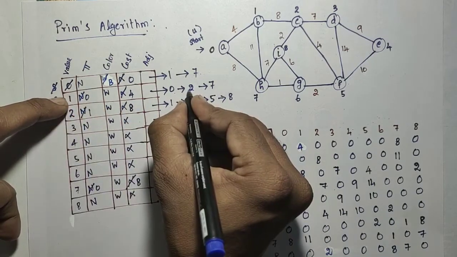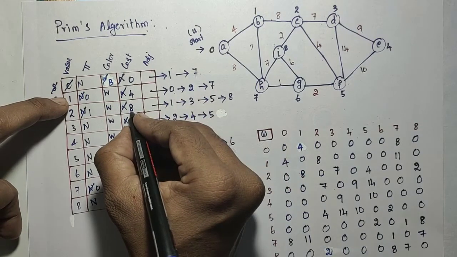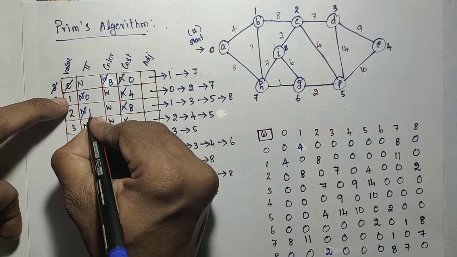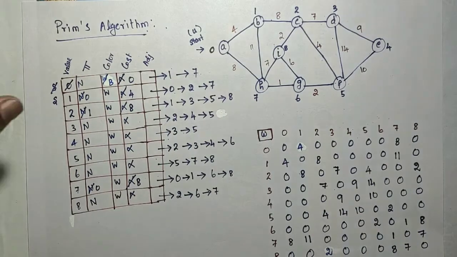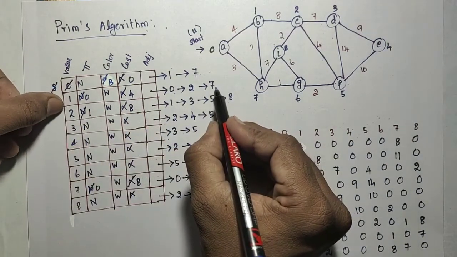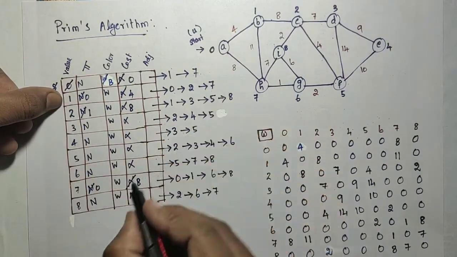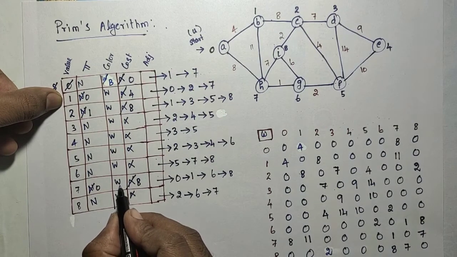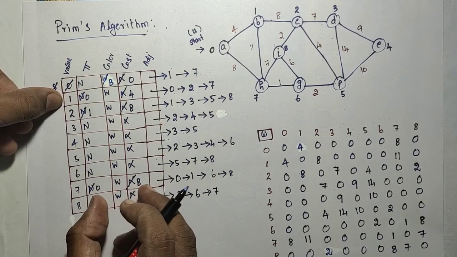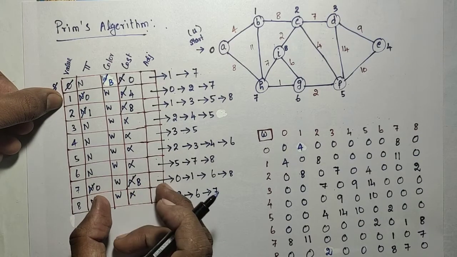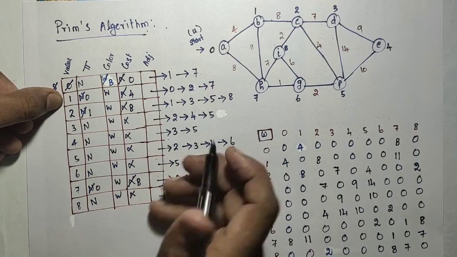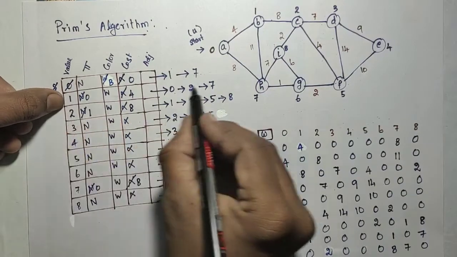So 1 to 2, the cost is 8. That parent is updated with 1. Then go for the next, 7. 7 is not visited. Be clear, it is not visited. The cost and the parent are updated to some value, but it is not visited. So I can check the cost 1 to 7.